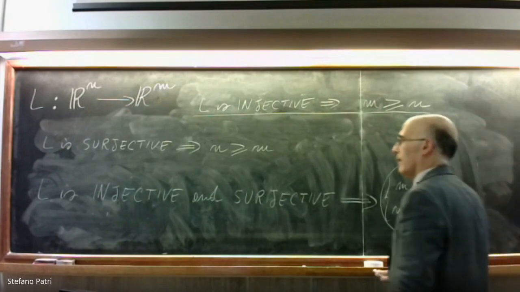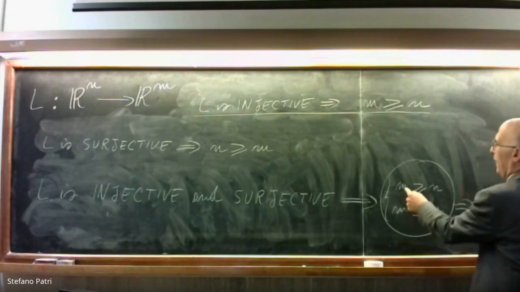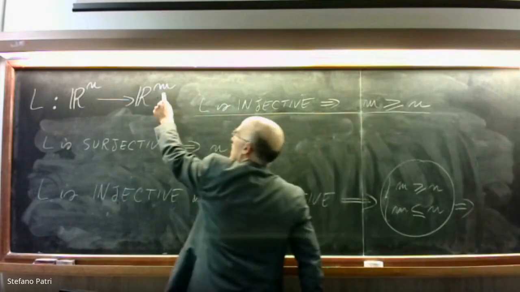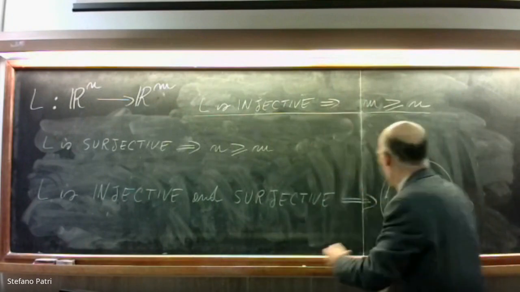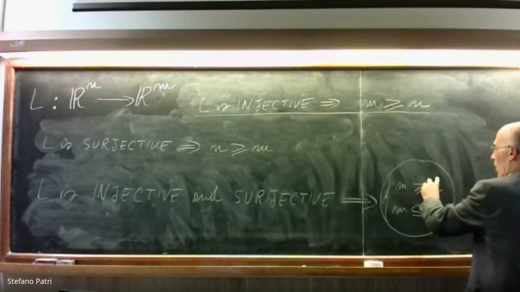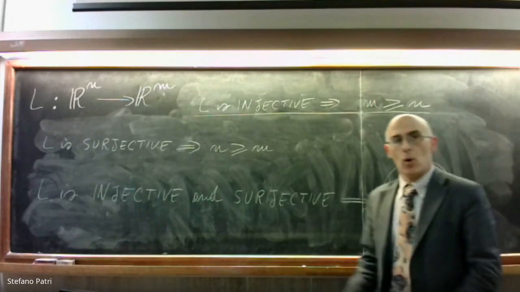But if M is simultaneously greater than or equal to N and less than or equal to N, what is the consequence?